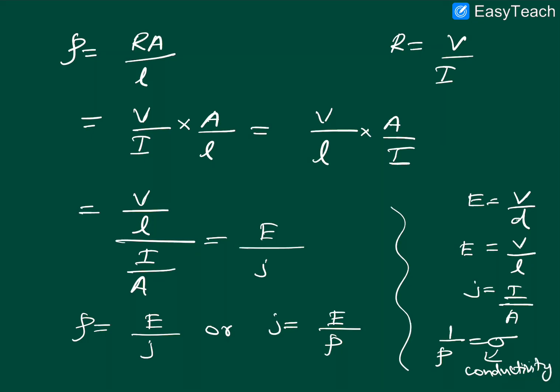It is nothing but inverse of resistivity. 1 by resistivity is called conductivity. So 1 by rho is sigma. That means you can write J is equal to 1 by rho into E, that is sigma E.